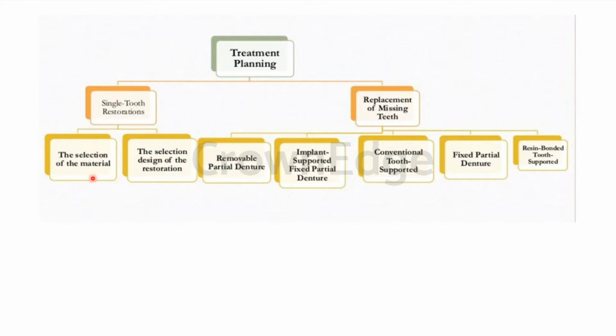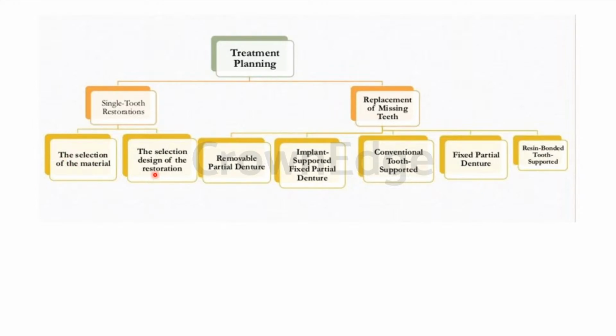We discussed that earlier, in which a metal or combination of metal and ceramic is called PFM, or all ceramic, that is nothing but your zirconia, your Emax, your lucite based ceramic, anything like that. So you have to decide what material I'm going to use. Why is it so important? Because the amount of preparation of your abutment tooth is going to depend on the material you choose, which is why the selection of the material is so important.